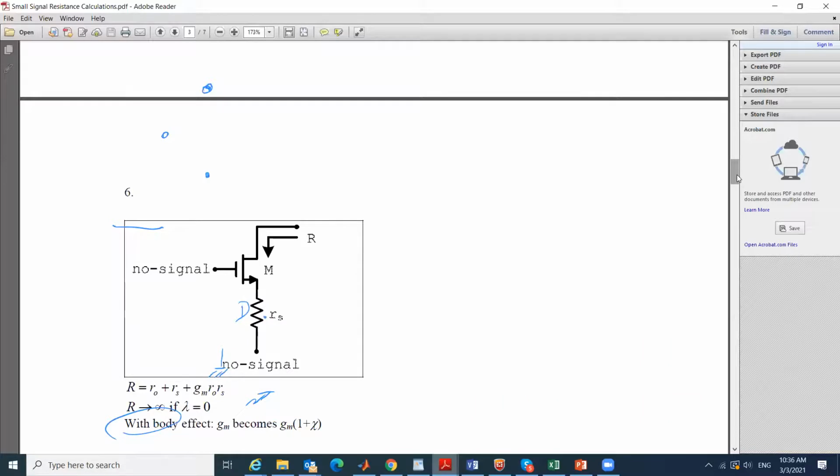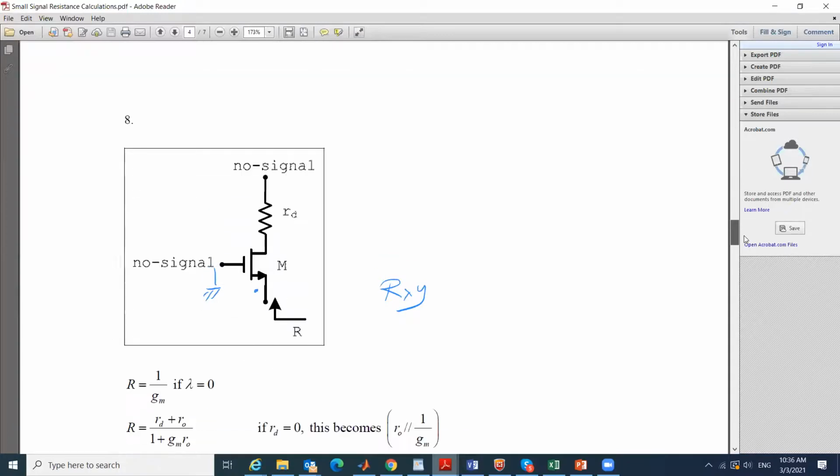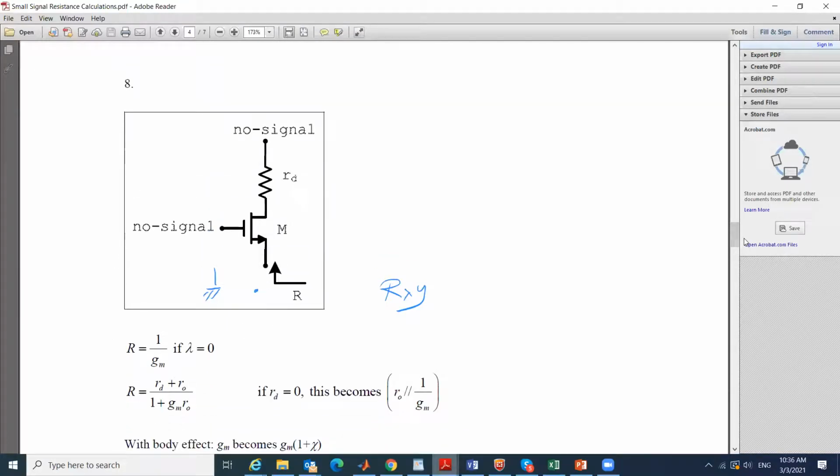And then looking into the drain with the gate grounded and with some resistance at the source, I see RXY. This rule we are going to learn later. The third rule: the third node is the source, and I am looking into the source with the gate grounded and some resistance at node D. Here is the equation for it. Is this clear?